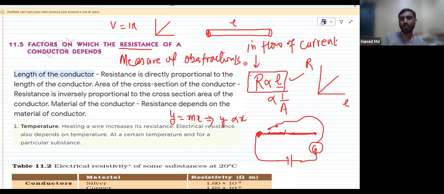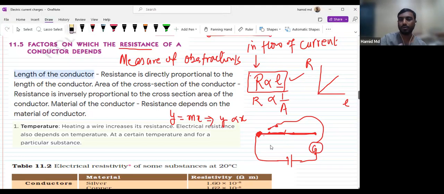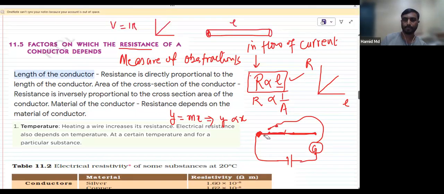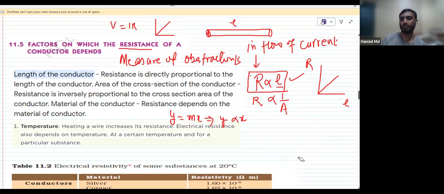Yes, sir. So if I ask you to draw the second relation, R is inversely proportional to A, how would you do that? Okay, Jaslyn, how do we proceed with this graph? How will it look? Madiha, if R is reciprocal of A, what does it mean?